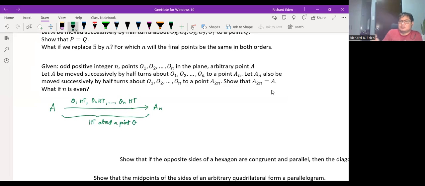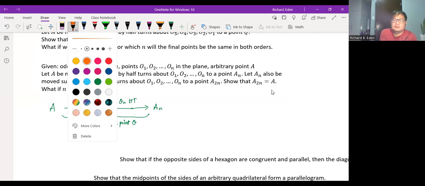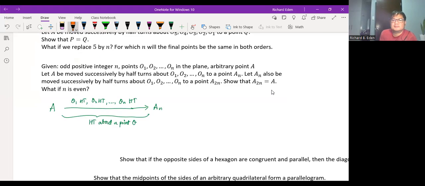Wag na natin hanapin nasaan ang point na yon, but there is such a point, and let's call that point O. Ngayon, what we intend to do is, on A sub n, do the same steps: half turn about O1, half turn about O2, and then half turn about O sub n. So the result is going to be A sub 2n.